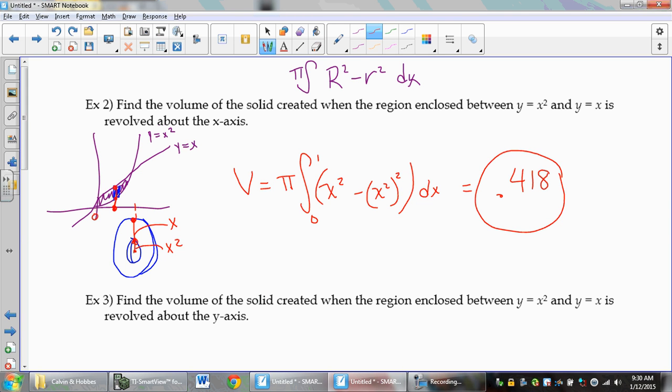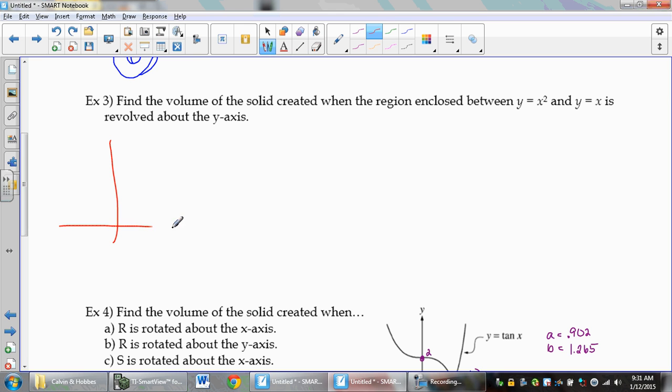Find the volume of the solid when that same region is revolved about the y-axis. So now I have this, and I'm going to spin it around the y-axis. So anytime I'm going around the y-axis, I need to make my rectangles look like that, and I'm going to spin them this way. So now my discs look like this with a little bit of depth to them, or my washers I should call them.